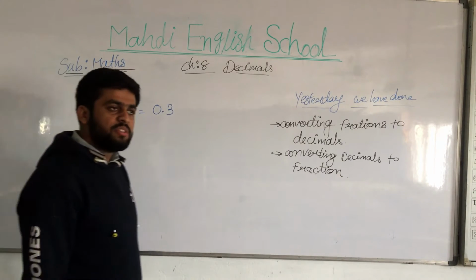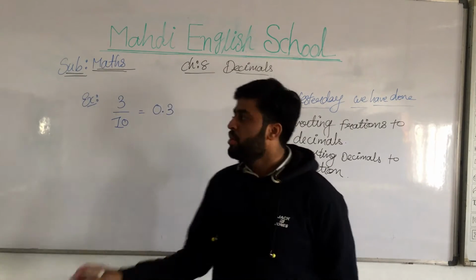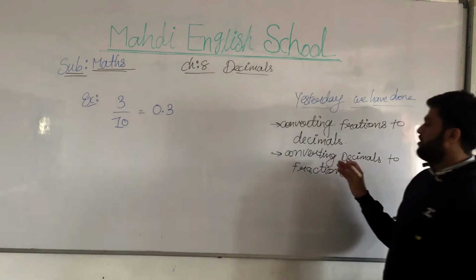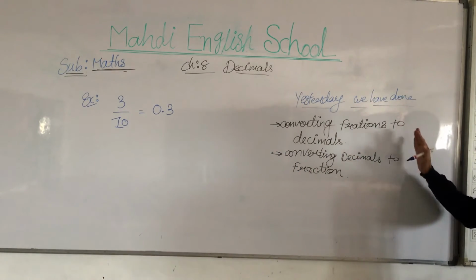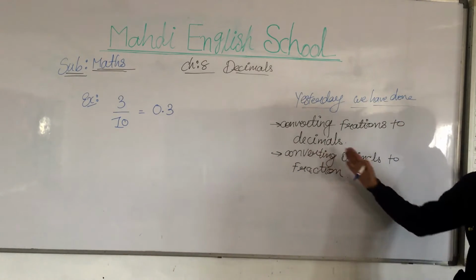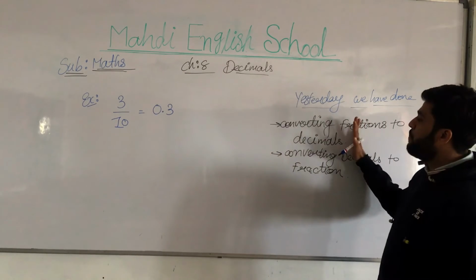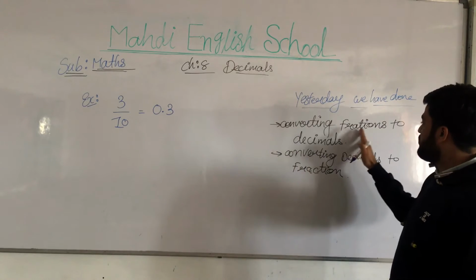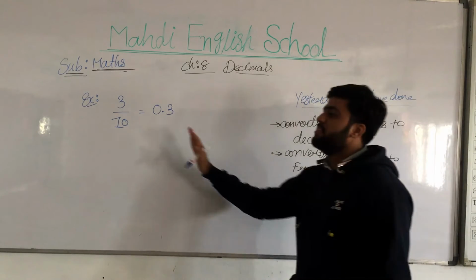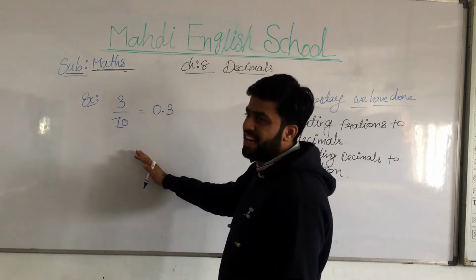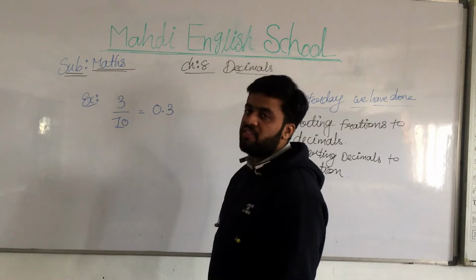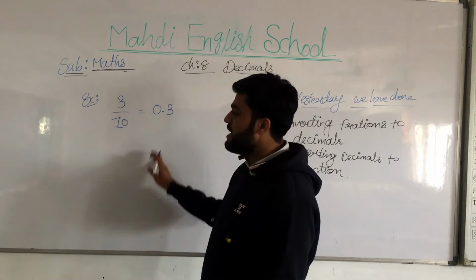Understood what I am telling you? Our topic is converting fractions to decimals and converting decimals to fractions. First we revise converting a fraction to a decimal. 3 upon 10 shows the fraction and 0.3 shows the decimal.